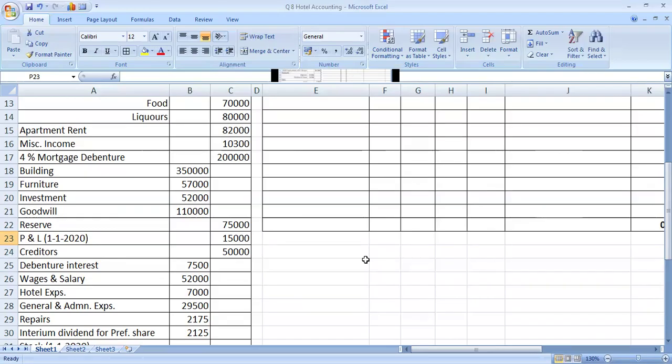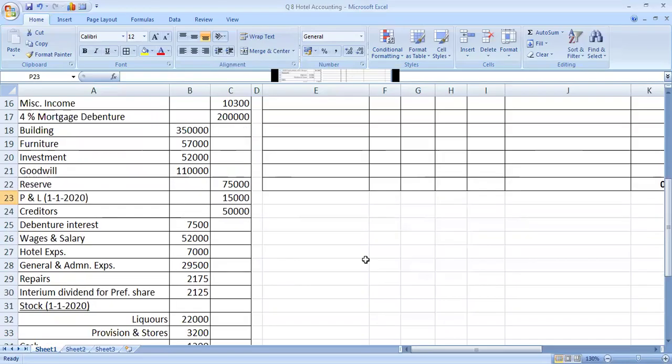Profit and loss opening balance on 1st January 2020, 15,000. This item goes to the profit and loss appropriation account credit side as last year's opening balance. Next, creditors 50,000 go to the balance sheet liability side. Debenture interest, profit and loss account debit side, inner column.